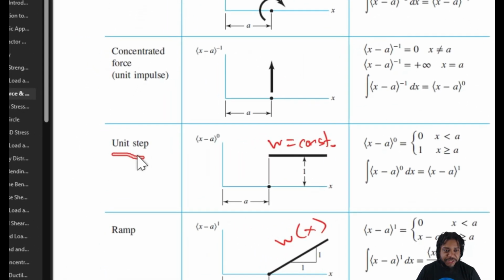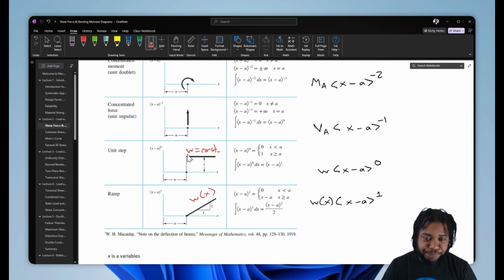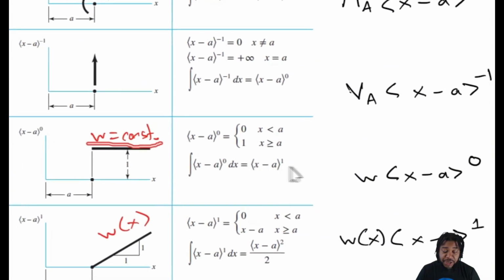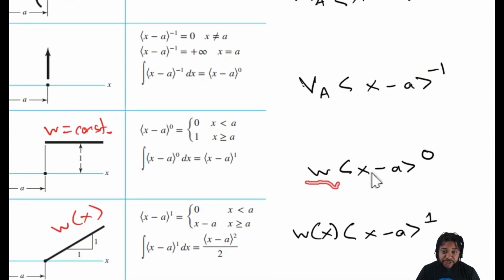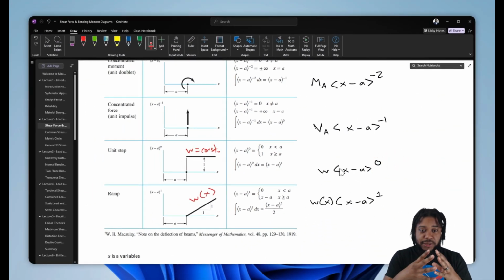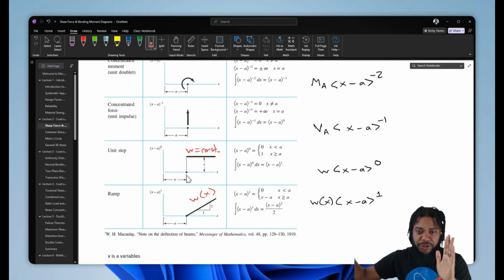For, say, a unit step of applied load, so say for a distributed load of a constant value, w, we'll put w on the outside of the brackets, and then to a power of 0, which tells us that that is a load that is continuously applied. Once we reach position a, that force is applied continuously along the beam.